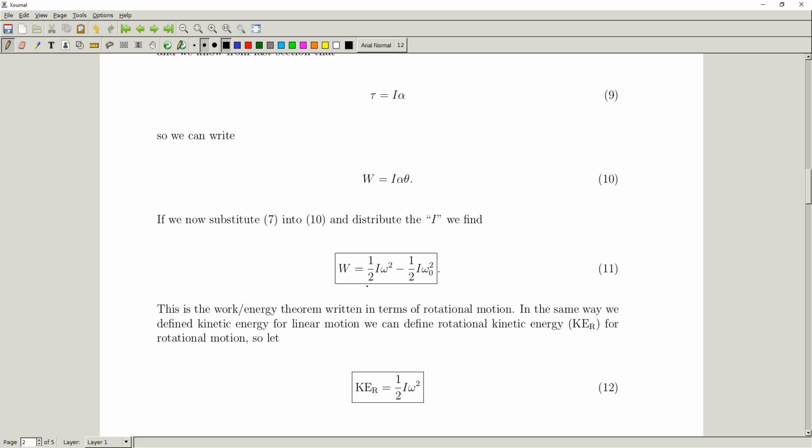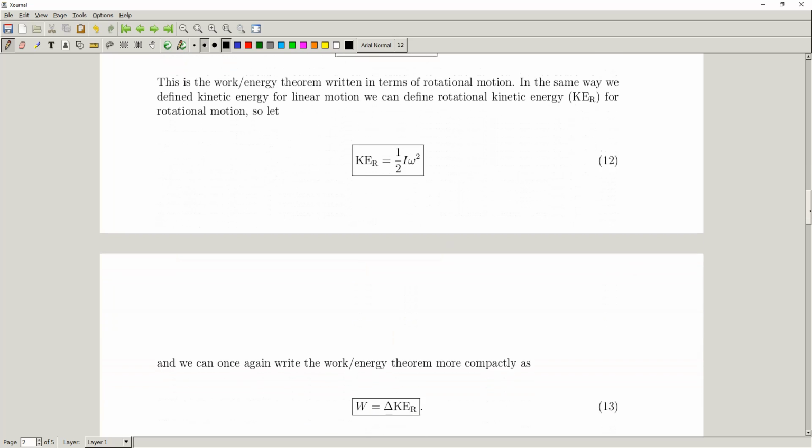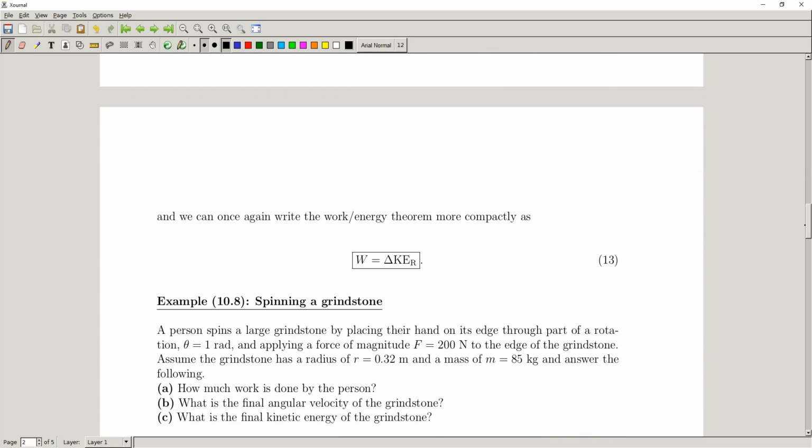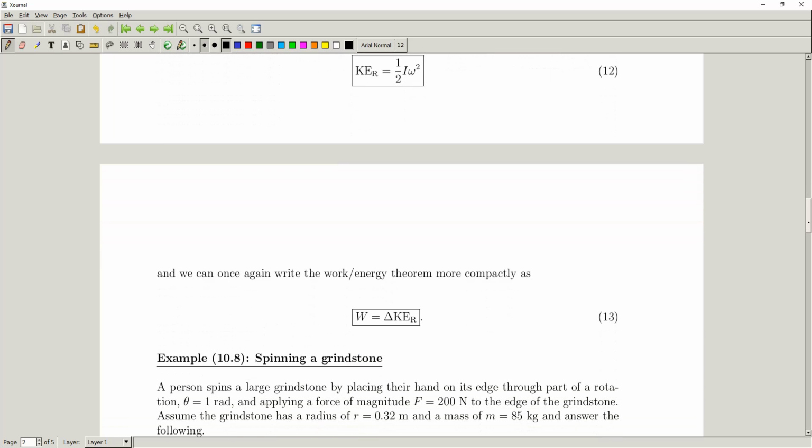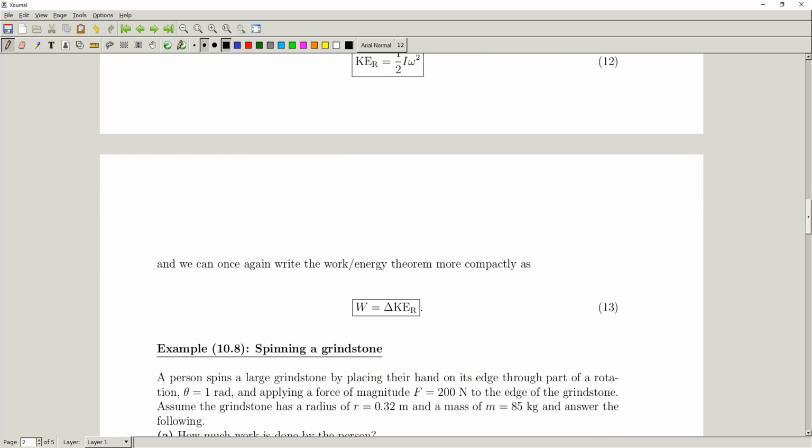We called these terms in the linear system kinetic energy, and we're going to do the same thing here, except here they're rotational kinetic energy. So we have rotational kinetic energy defined down here, and if we do that, then we have a more compact way of writing down our work energy theorem in terms of rotational variables. Our work is going to be equal to the change in rotational kinetic energy, if only rotational kinetic energy is changing, okay?